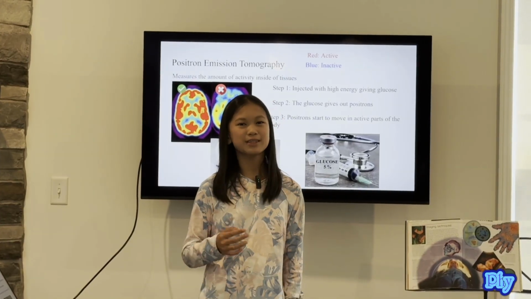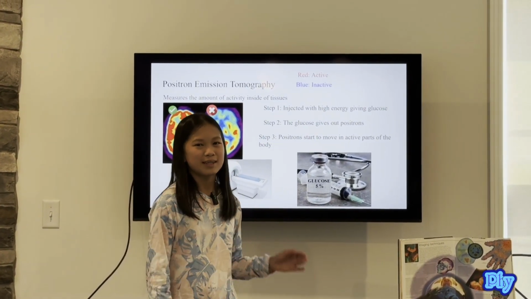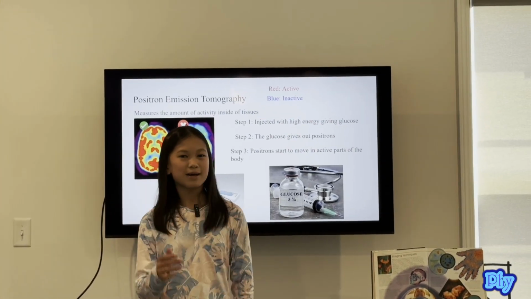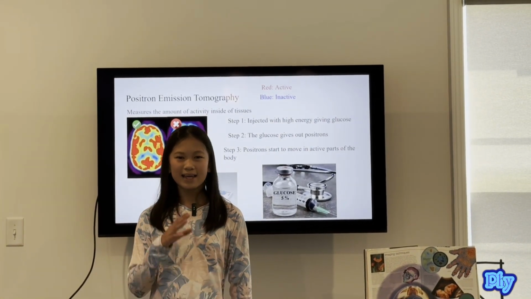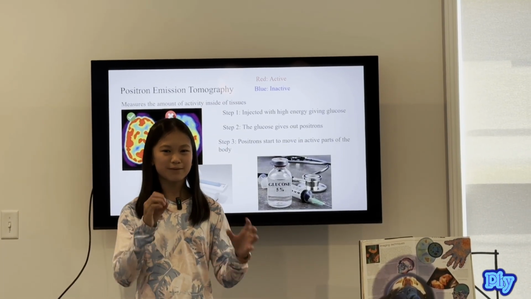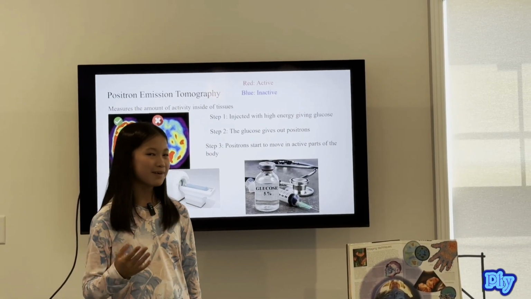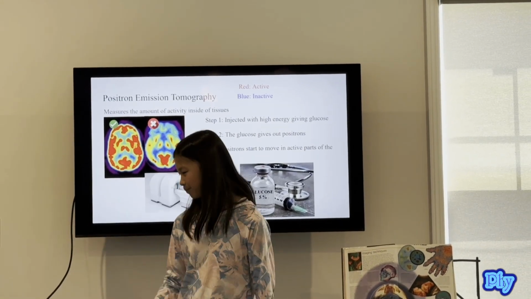This is very similar to the radionuclide scans, except for this gives out positrons. Positrons are high in positive charge, so when it is scanned, people will know that if they're moving, it's very active, while the blue is inactive.